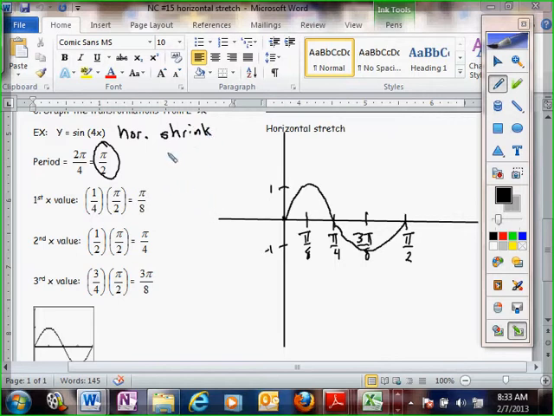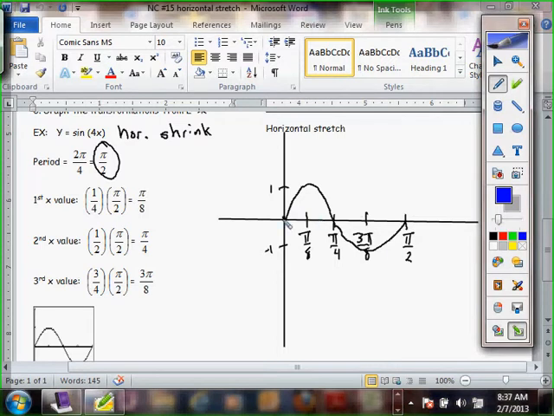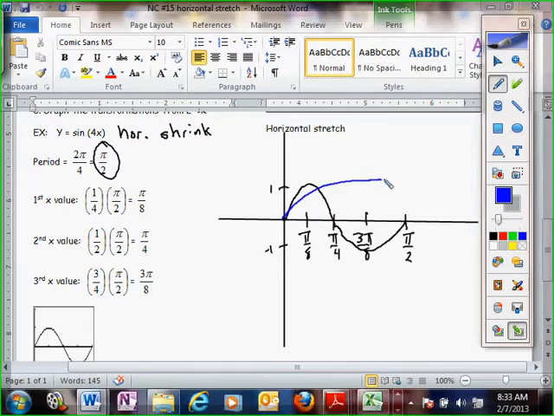Since we have this horizontal shrink going on, this is the only thing we had, and so this is my answer, and it looks like the same sine function that we've been drawing, but it's much shorter, because normally when we would do the sine function, this first piece would go up to here, and it would start going back down at this point, so it's shortened up, it's shrunk horizontally. But that's how you do it. You have to find your new period. Let's go on to the next example.